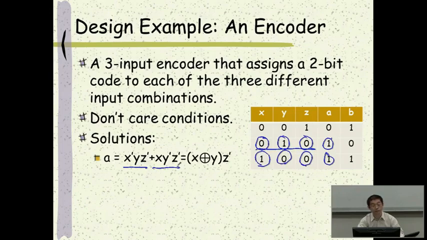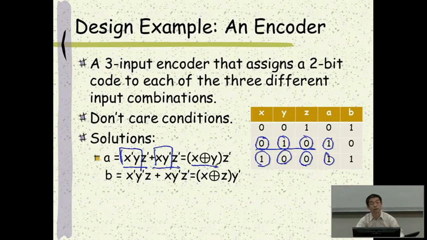And if you want to simplify this a little bit, you see X prime Y plus X Y prime, which means this will be true if and only if X and Y have different values, which is the definition of exclusive OR. And similarly, we can get the expression for B.